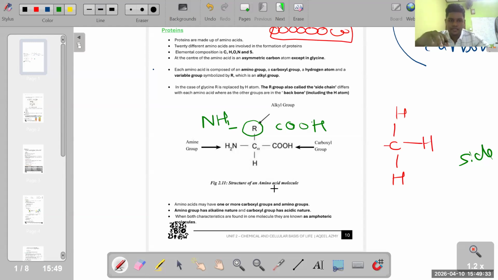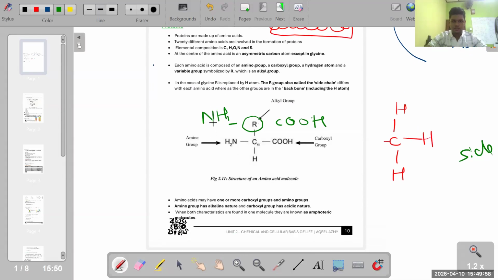Less than 7 means acidic nature. That's basic, right? Clear? Is that clear, for the one who asked the question? Clear, right? Very good. Just check this complete page now.